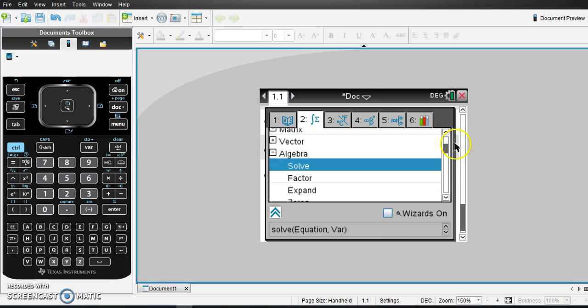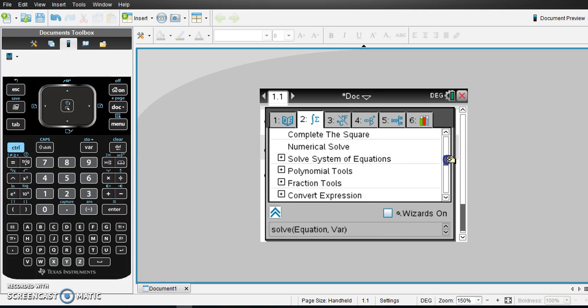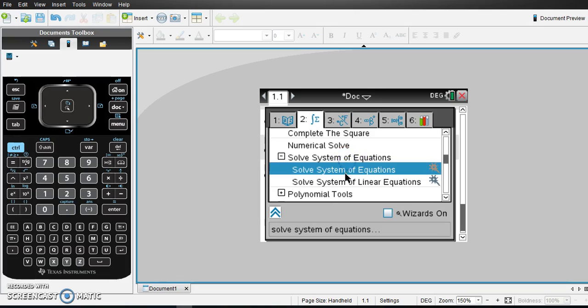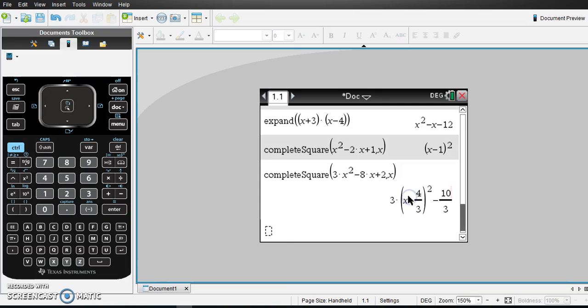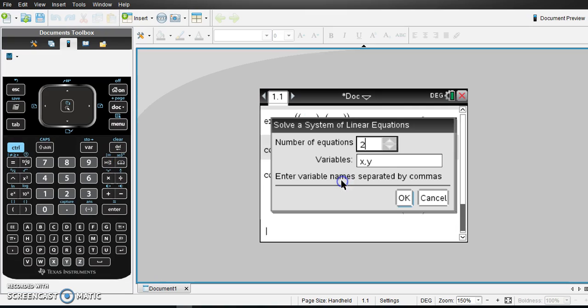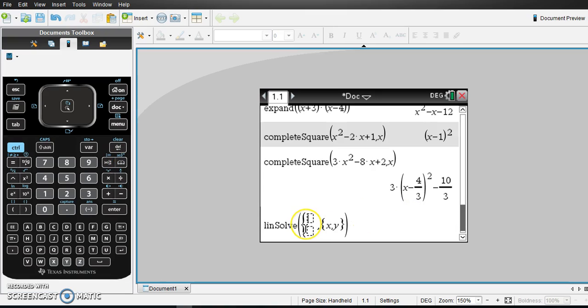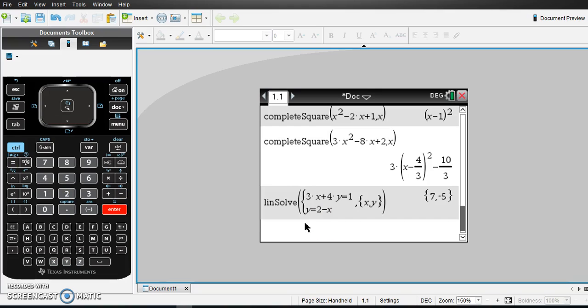It can also, under the algebra list, solve systems of equations. So we could solve a system of linear equations, two variables, which is something that we've also looked at before. So we could have 3x plus 4y equals 1, and y equals 2 minus x, for example.